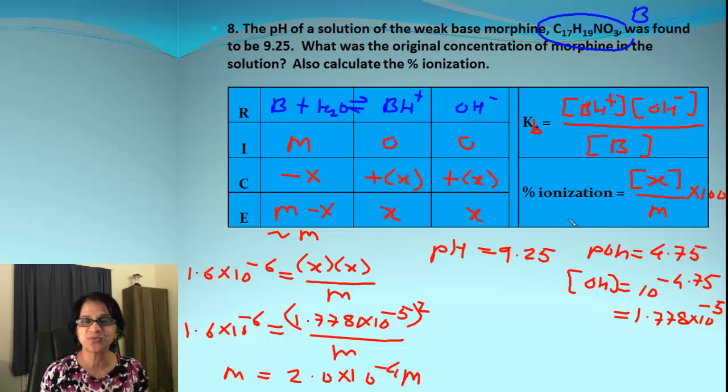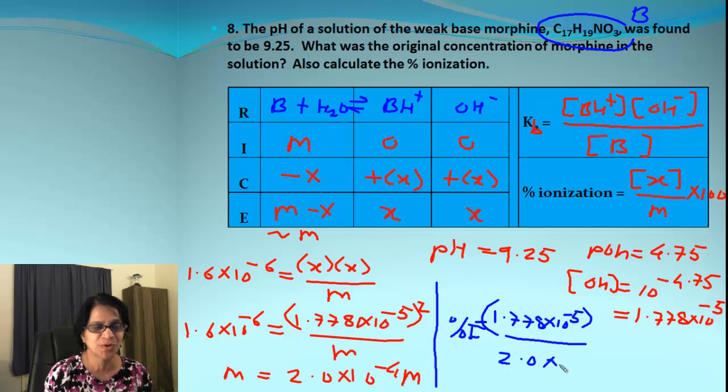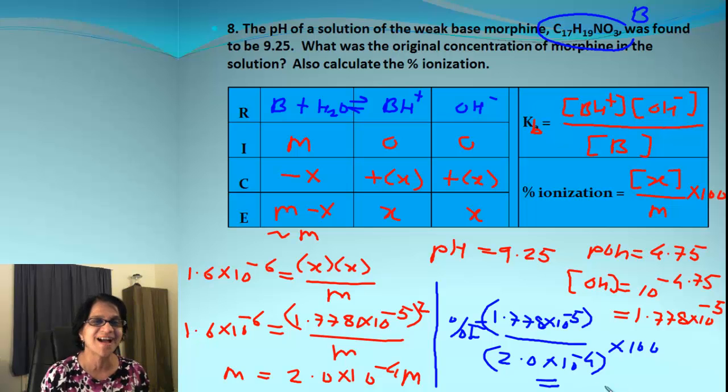Now the last part is to find the percent ionization, and that is plugging the values for both X and M. So percent ionization is going to be 1.778 times 10 to the negative 5 divided by the molarity which we found, 2.0 times 10 to the negative 4, and all of that times 100.